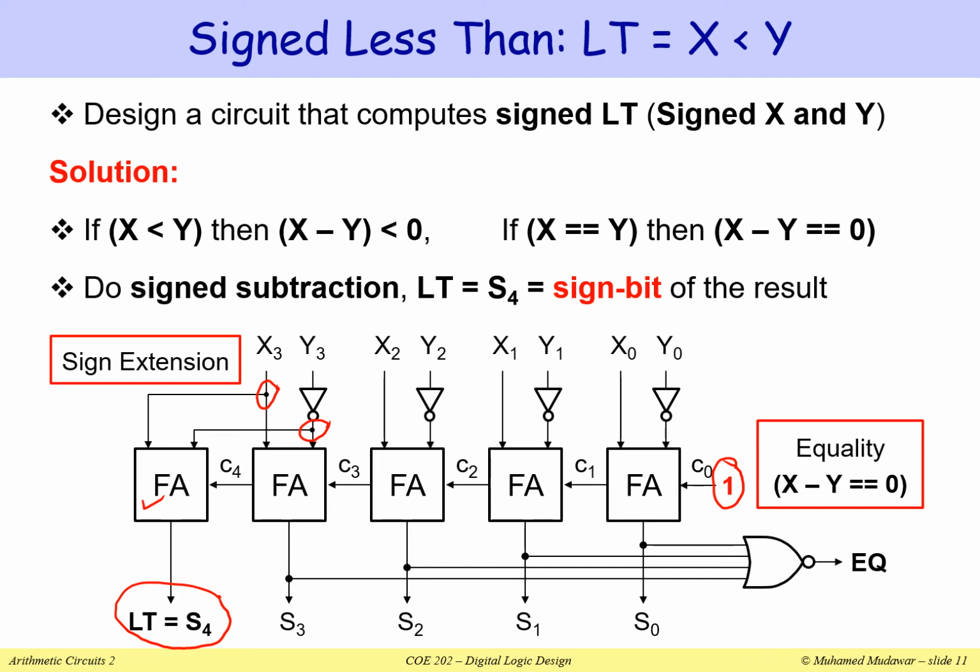For equality, we can just use a NOR gate that will output 1 if all the sum bits are all zeros. So the NOR gate will check here for equality, and it means that x is equal to y if x minus y is 0.